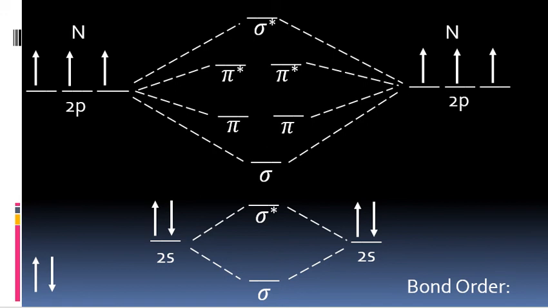Now, here's the last example I'm going to show you. This is again combining atoms from the p block in the second period of the periodic table. This is going to be dinitrogen, so 2 atoms of nitrogen.